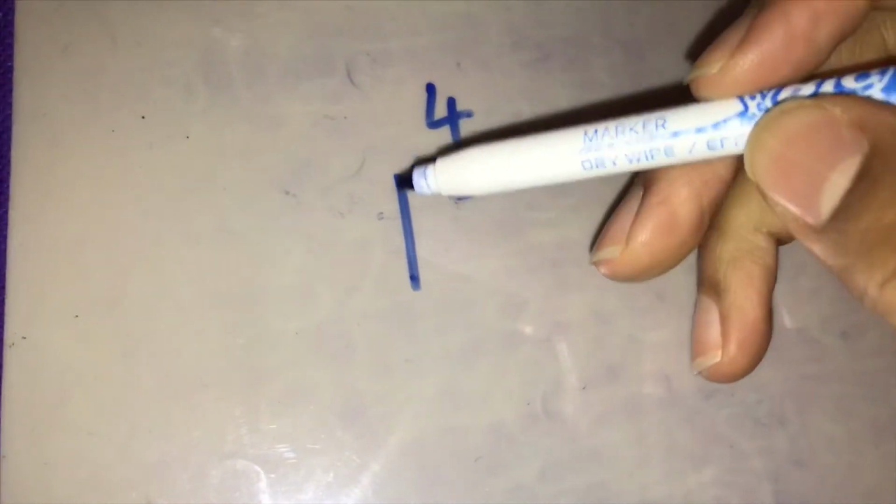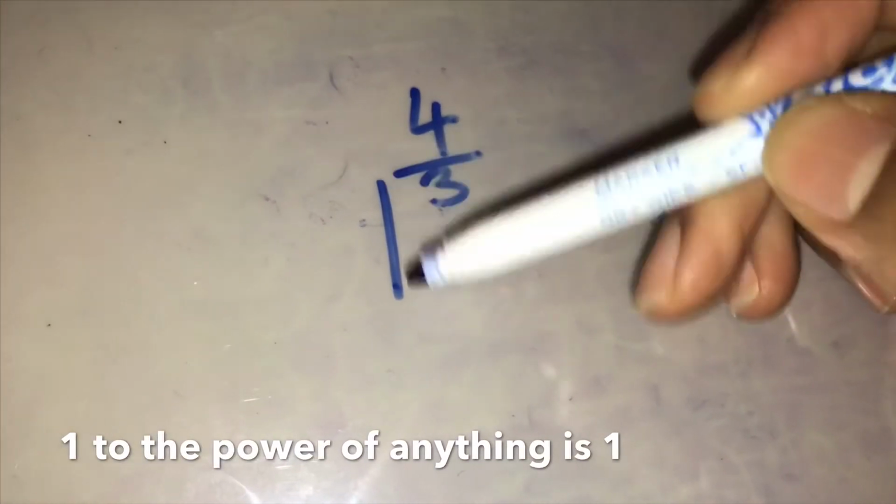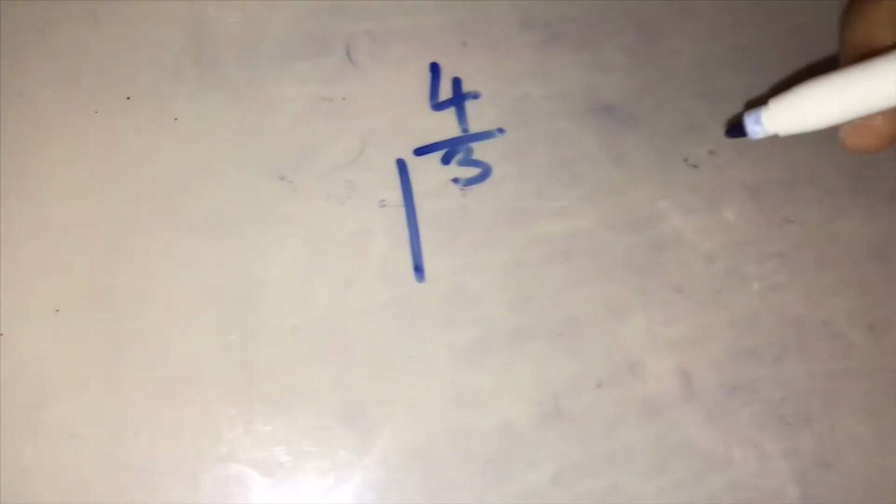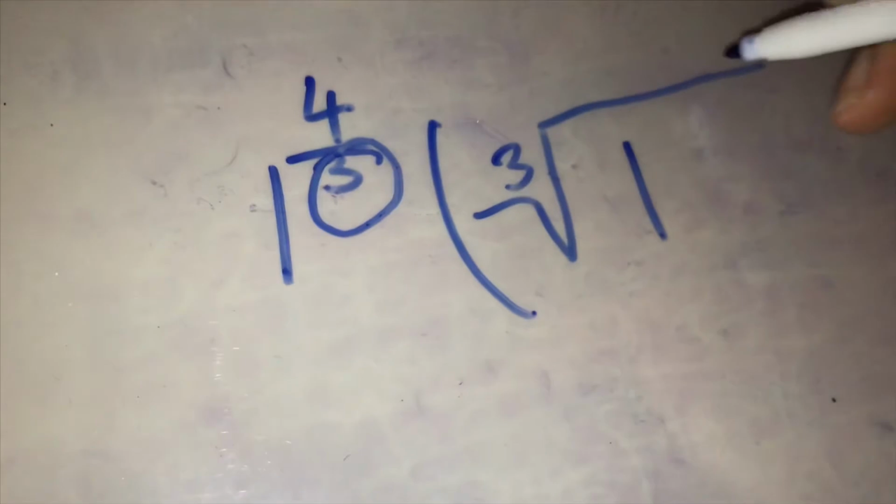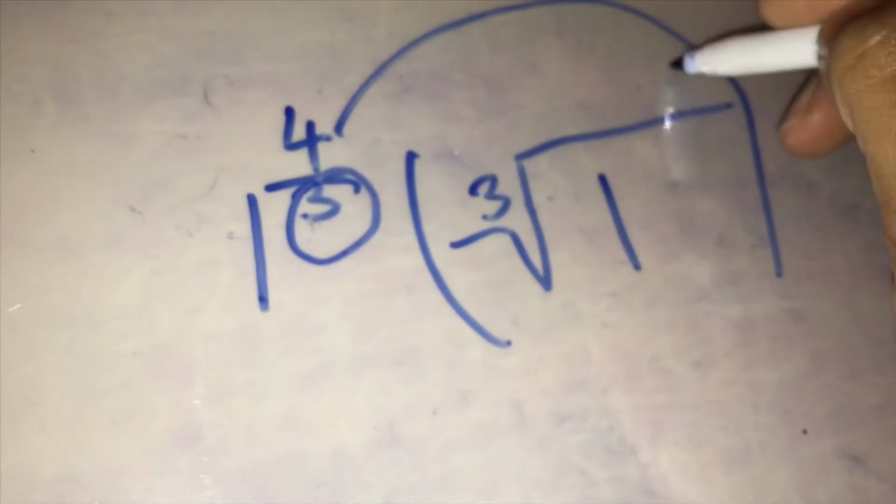Now 1 to the power of 4 over 3. A secret: 1 to the power of anything is 1. So I could tell you this is 1 anyway, but let's do the method just to show you that it works. So we're cube rooting it. It's going to be the cube root of 1, to the power of 4.